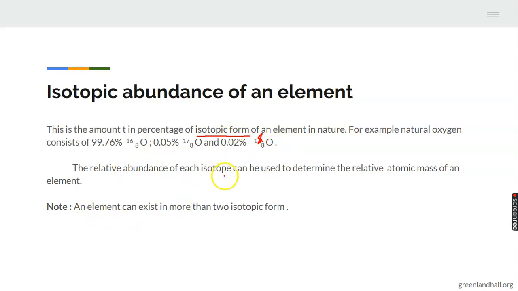The relative abundance of each isotope can be used to determine the relative atomic mass. So when you use the isotopic abundance of all the isotopes of oxygen, you get the relative atomic mass of oxygen in this case. Note, an element can exist in more than two isotopic forms.